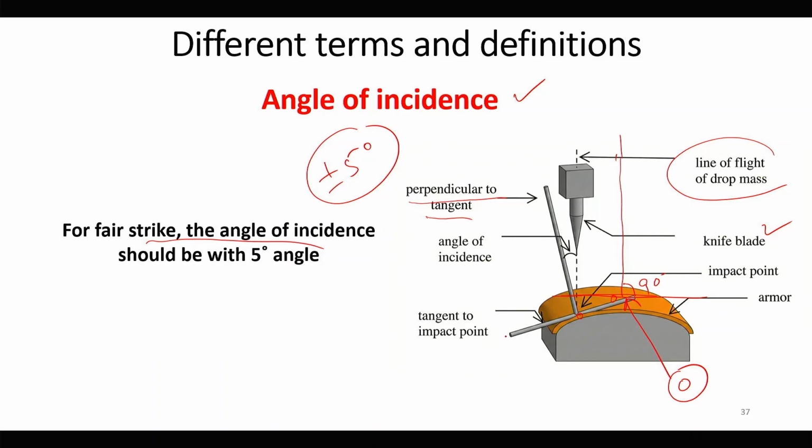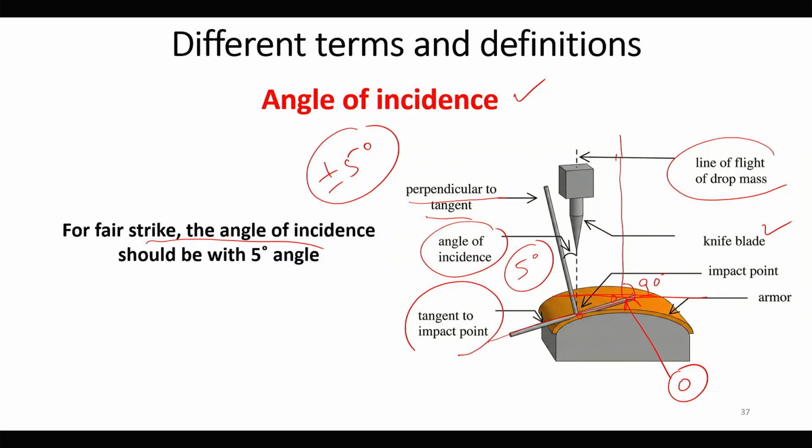Now, here we are drawing a tangent on the surface, tangent to the point of impact, and then we are drawing a perpendicular. So, this angle of incidence is called 5 degree deflection.